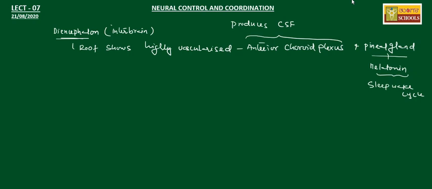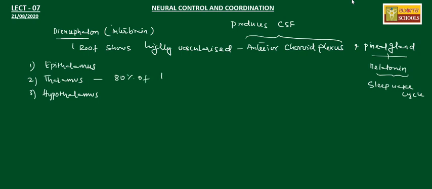This diencephalon has different regions: the epithalamus, then the thalamus, and then the hypothalamus. The thalamus forms around 80% of the diencephalon, and it acts as a relay center or sensory switchboard.